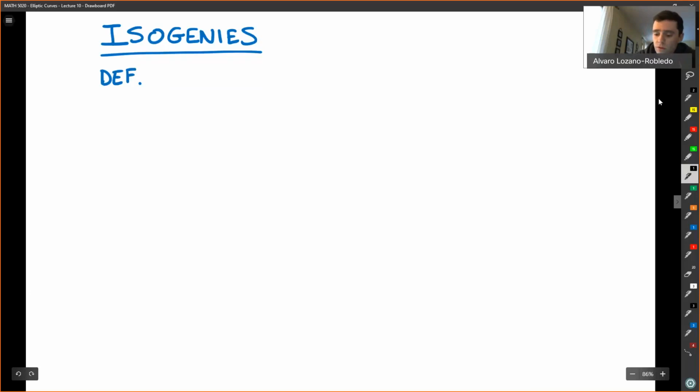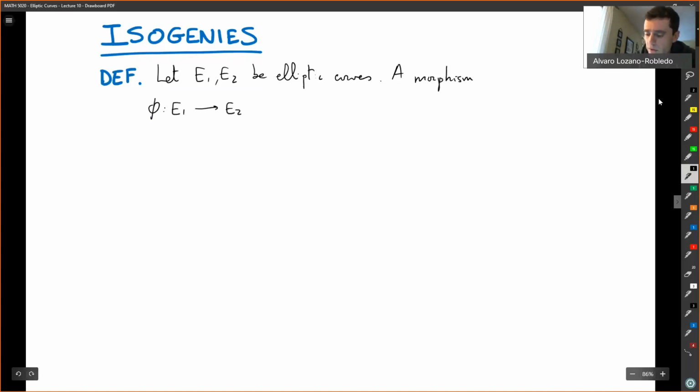An isogeny. So let E1, E2 be elliptic curves. Then a morphism phi from E1 to E2 such that O, the origin, the 0 for E1, is mapped to O for E2 is called an isogeny.